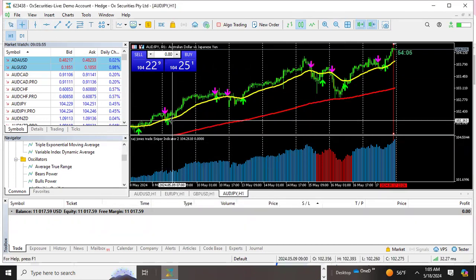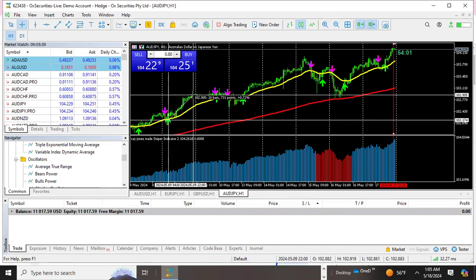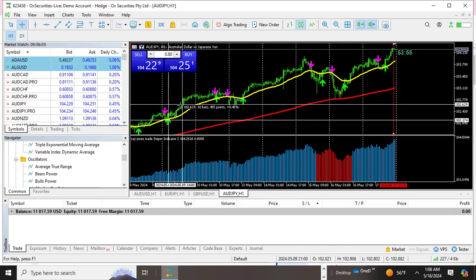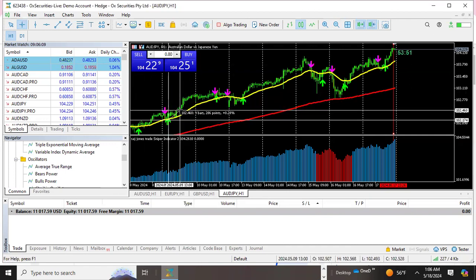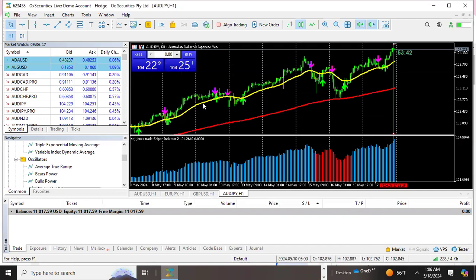When you're getting your buy arrows, you're getting hours' worth of candles. So you don't need a large gap between your arrows. You get a buy arrow, you can take four or five candles and get out. Four or five candles on the hour time frame is about 20 to 30 pips. 20 to 30 pips a day will change your life. So the best setting is the default setting.